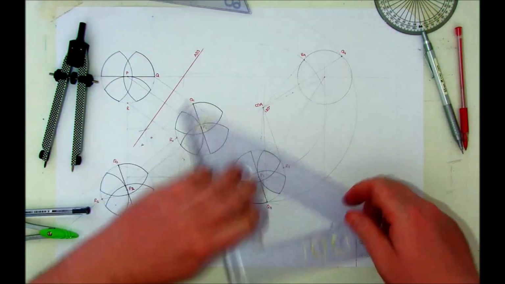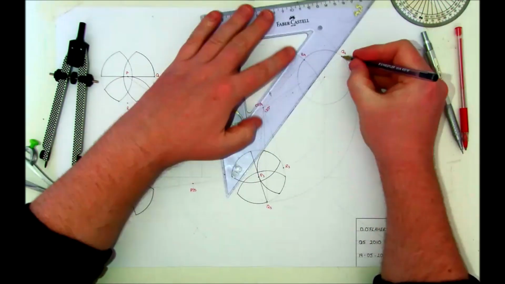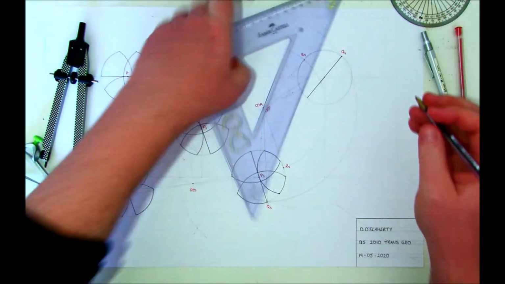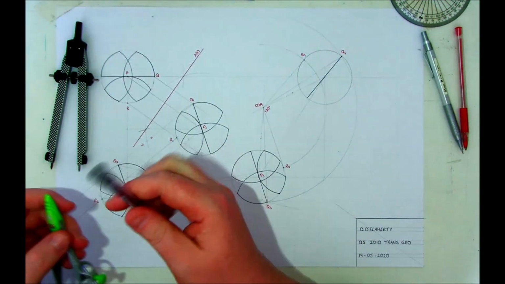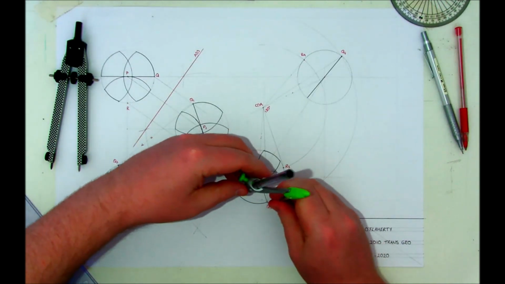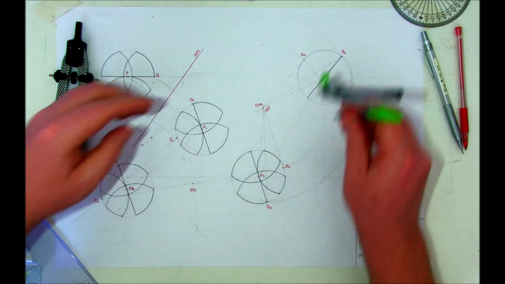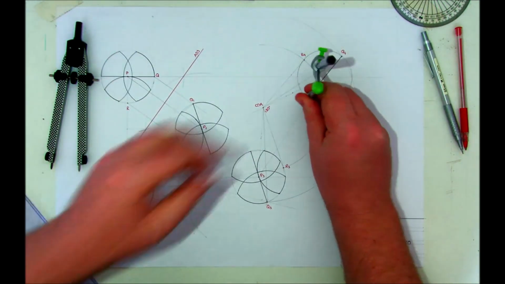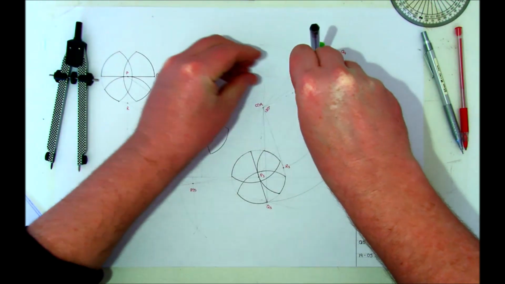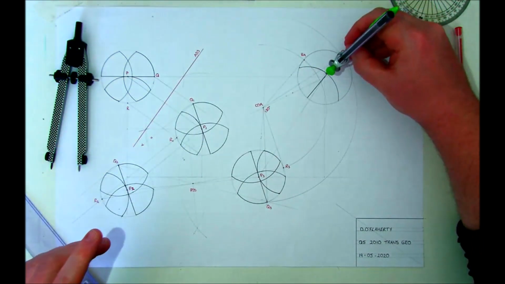So same story, join Q through P, that line, and then do my 2 arcs. Same on the other side.